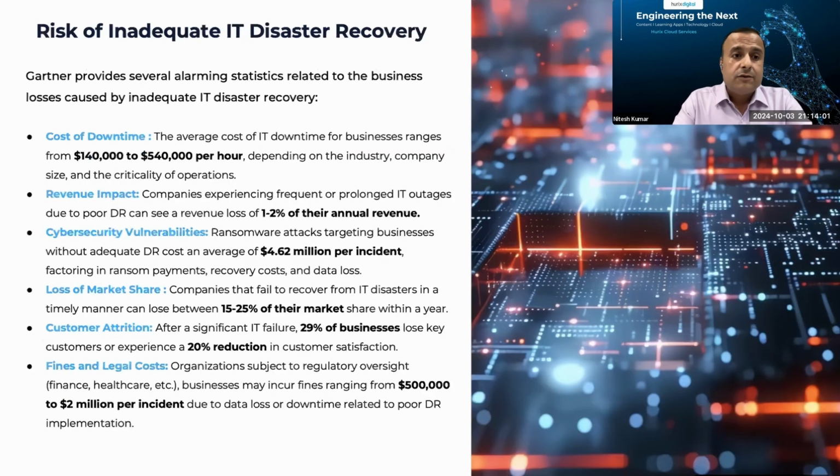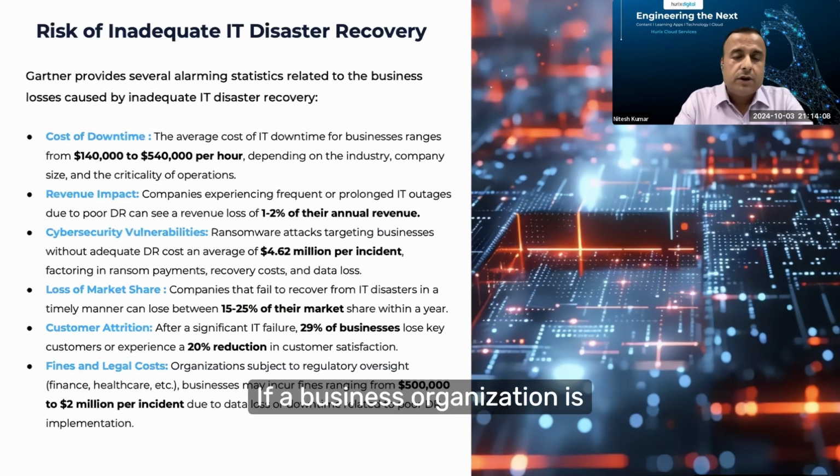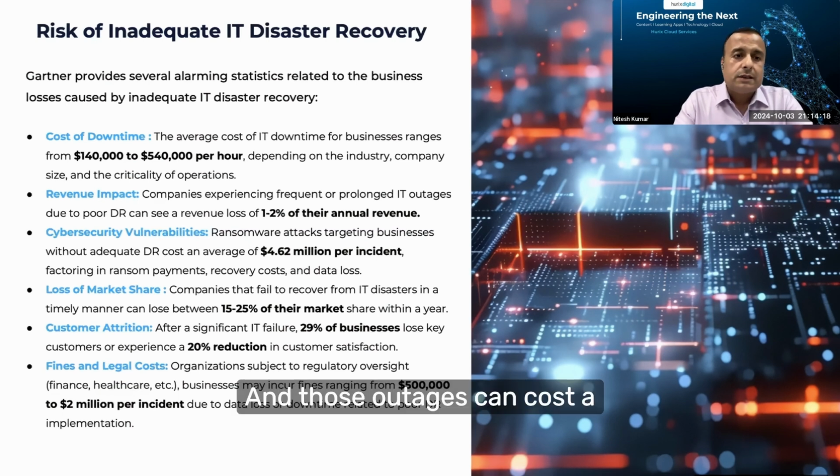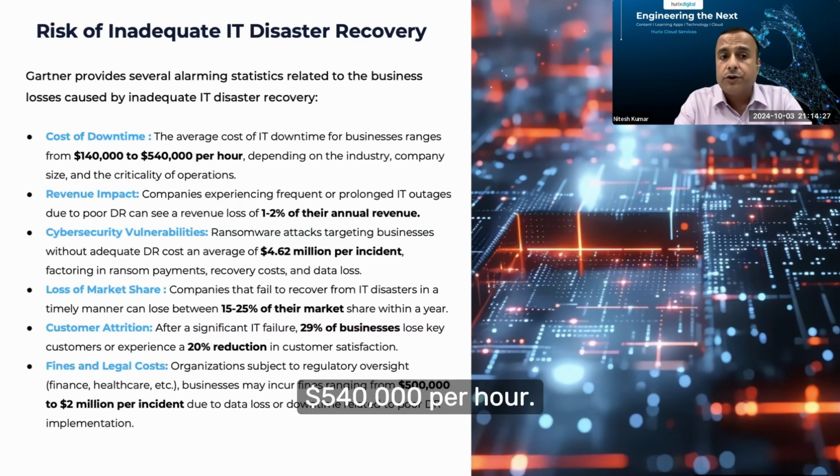So these are some of the risks. The very first risk I would like to emphasize is the cost of downtime. If a business organization does not have an adequate disaster recovery site, then there will be outages during disasters. And those outages can cost a business organization somewhere between $140,000 and $540,000 per hour.